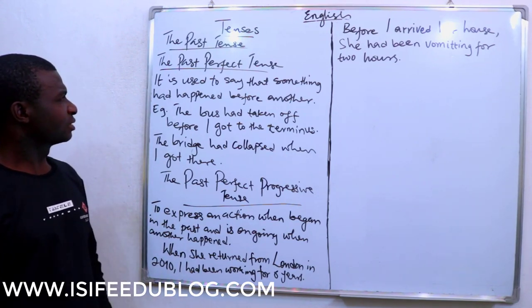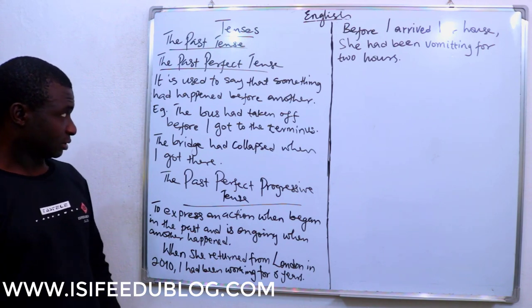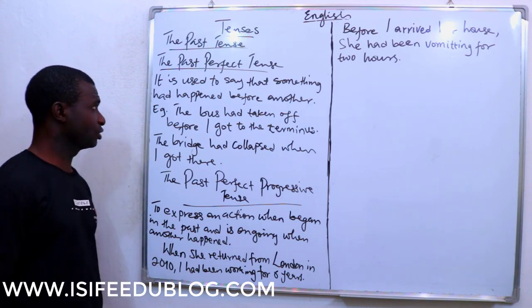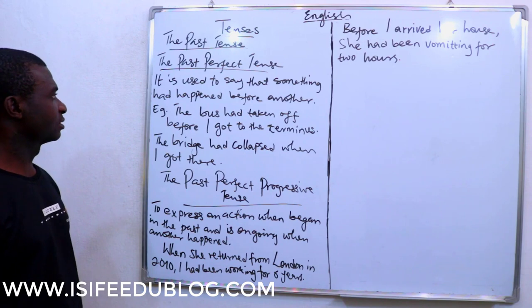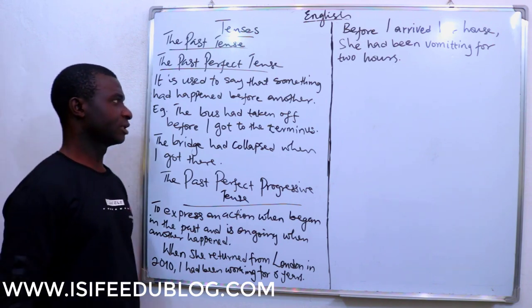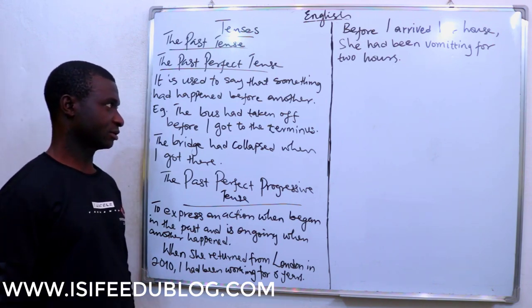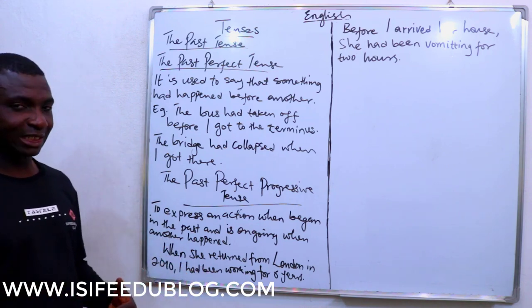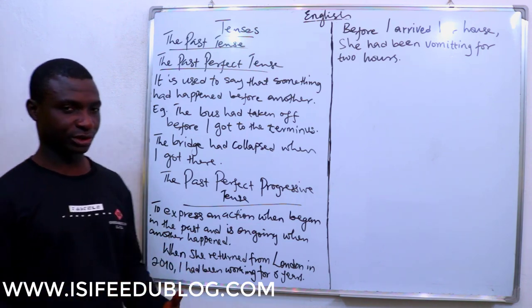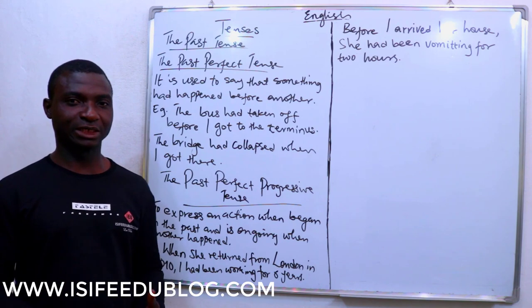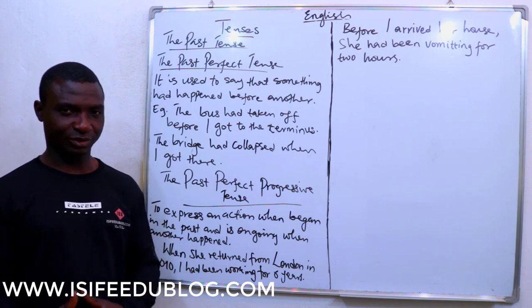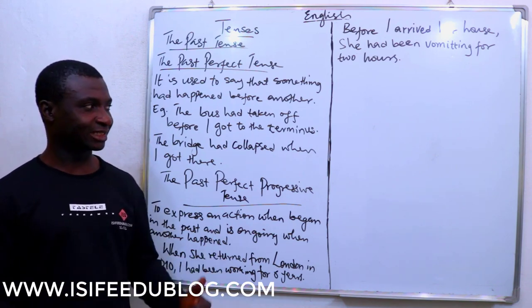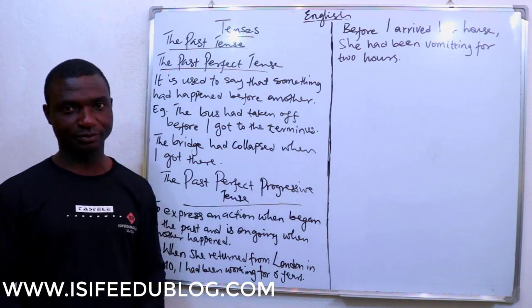The past perfect tense is used to say that something had happened before another. So, in one sentence, there are two clauses. One stating what had recently happened, the other stating what happened before that one.